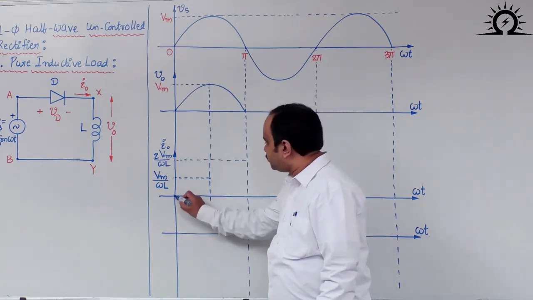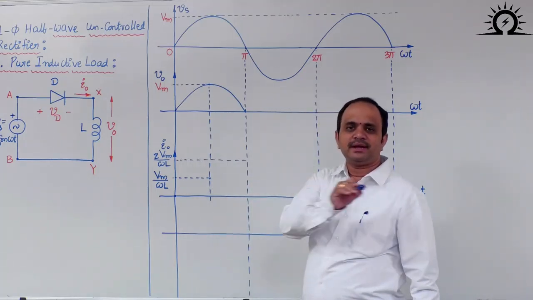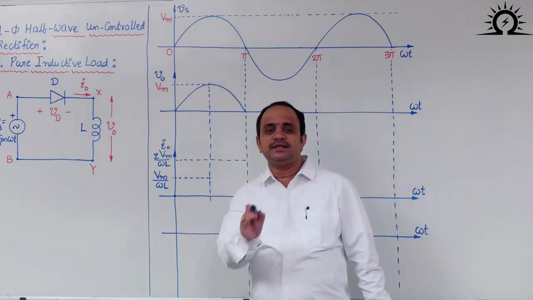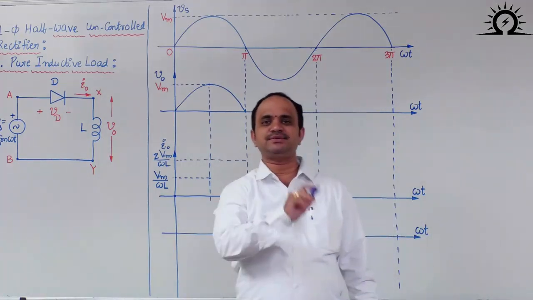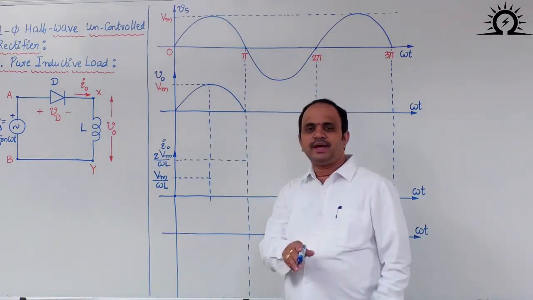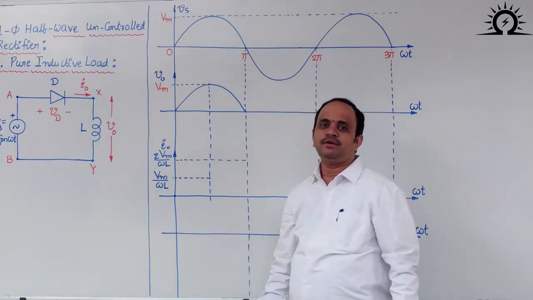Why? Suppose if you join these 3 points with the help of a scale, you will get a straight line, right? But the equation is not in the form of y is equal to mx. It is not a straight line equation. It is Vm by omega L, some number, doesn't matter, into 1 minus cos omega t behavior.